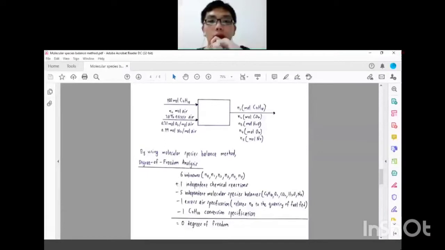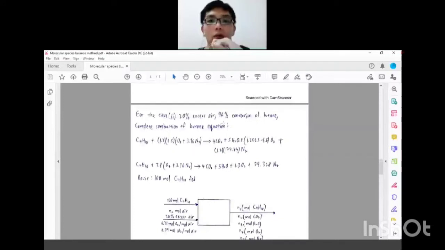And then there is one independent chemical reaction, and next there are 5 independent molecular species balances, which involve the butane, oxygen, carbon dioxide, water, and nitrogen. And then we will have one specification, which relates N0 to the quantity of the fuel bag. And lastly, we have the one butane conversion specification, which relates to the 90% conversion of butane.